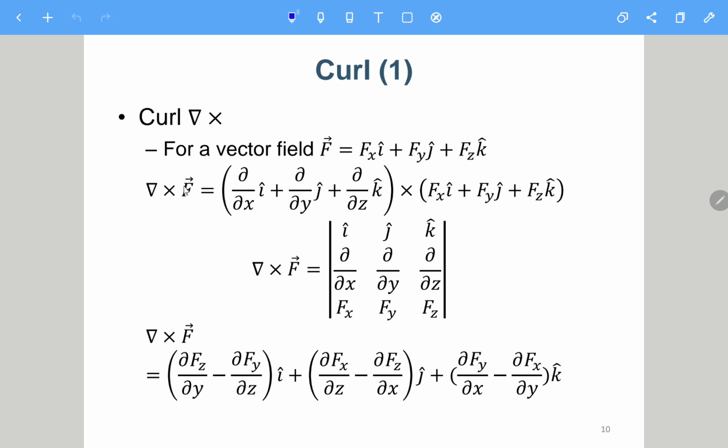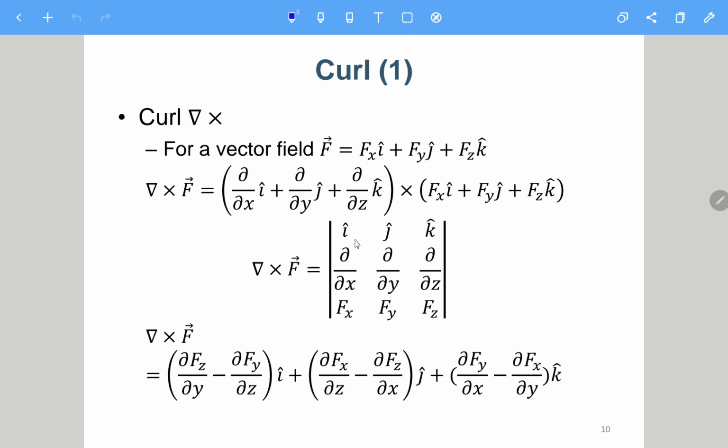So we use the previous definition: this is the gradient in Cartesian coordinate, then the cross product, and then this is the vector field f. We put it here, so we have a cross product of this one and this one. Of course, one way to calculate it is to use this determinant.